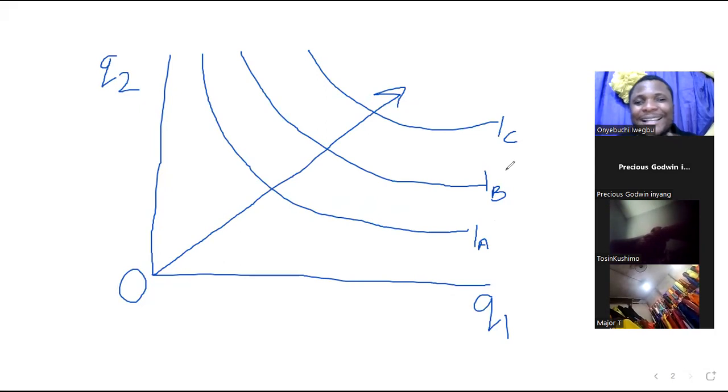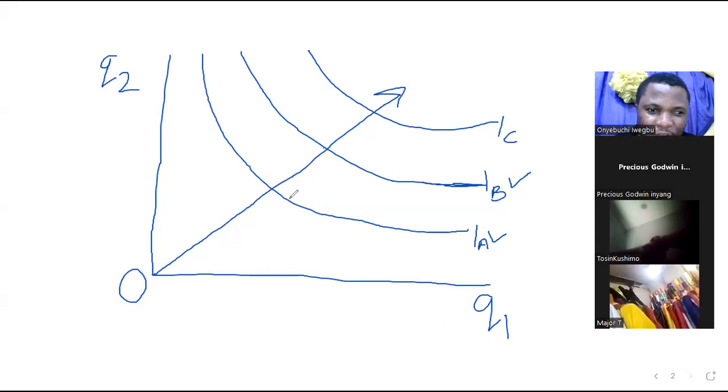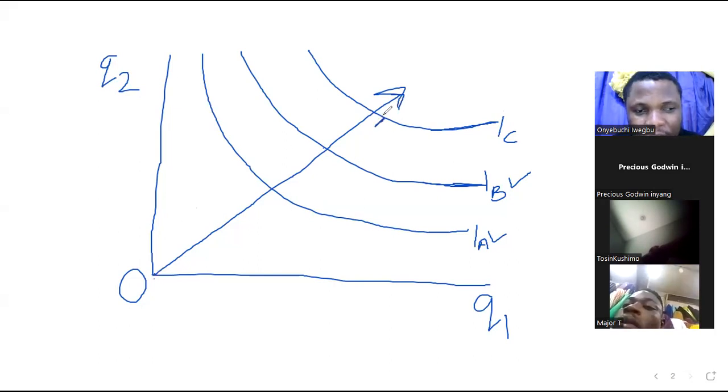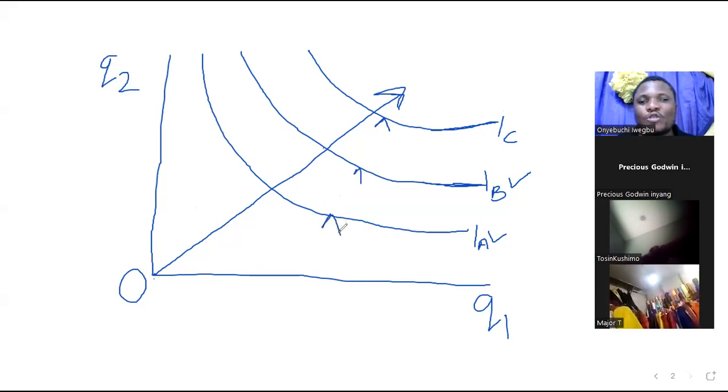That means the satisfaction derived from indifference curve B is higher than that of A, because indifference curve B is farther from the origin, compared to indifference curve A. And indifference curve C is farther from the origin, compared to B, compared to A. So what does that tell you?